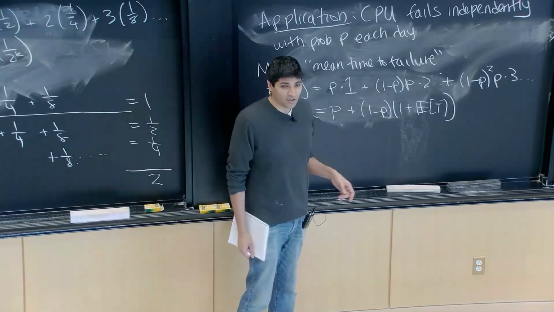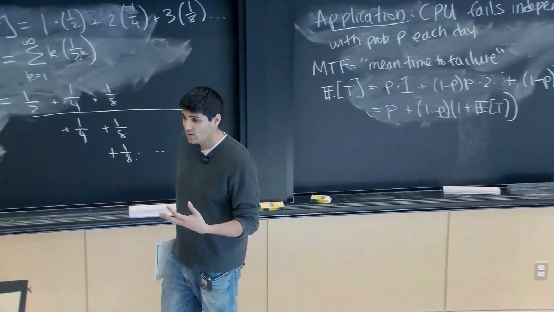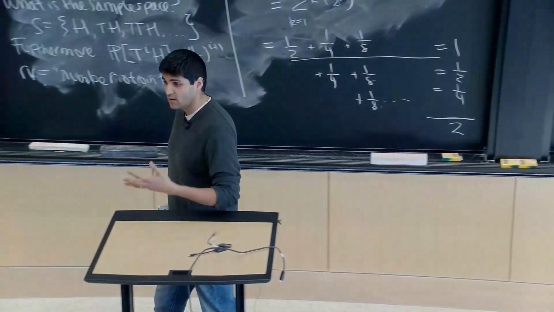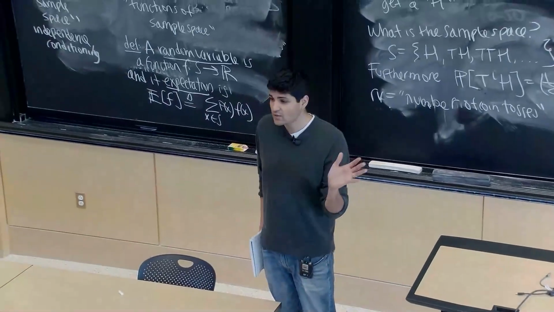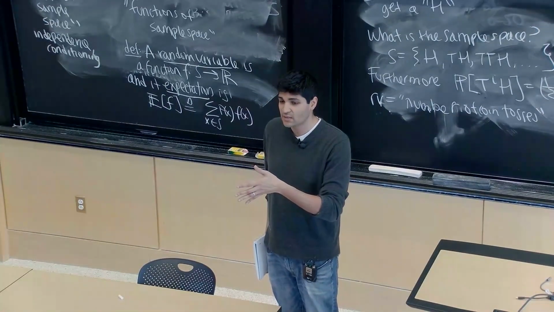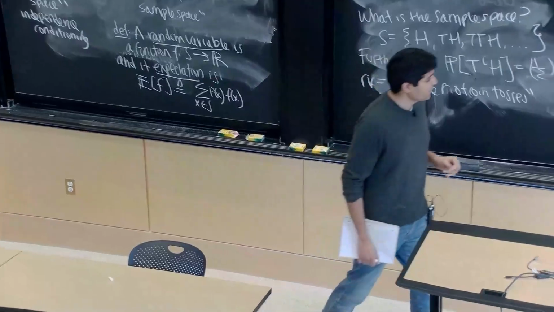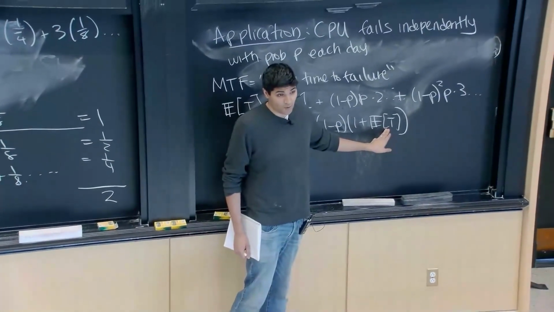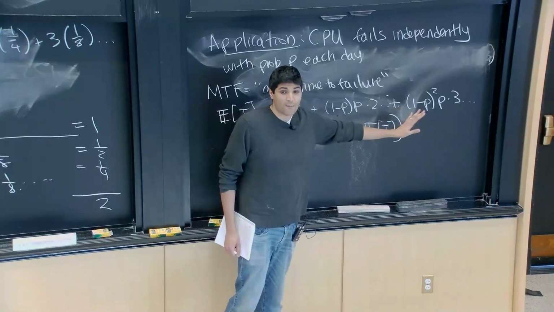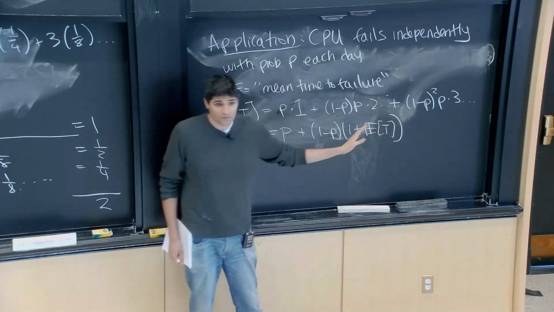But then the important thing is that, when I don't fail on the first day, the entire process starts over again, right? It has no memory of what happened in the past. I've gone one extra day, but then whatever happens to that same identical random variable that I care about is going to be what happens in the process from there on out, right?